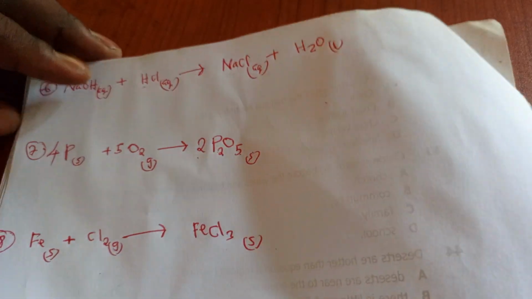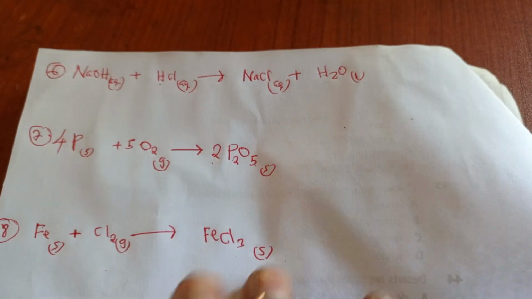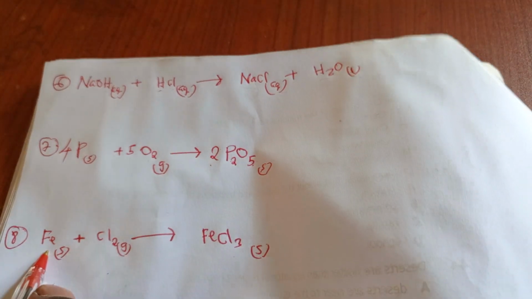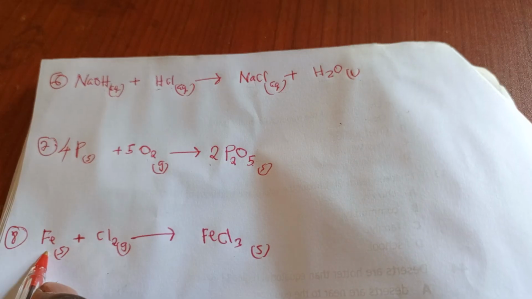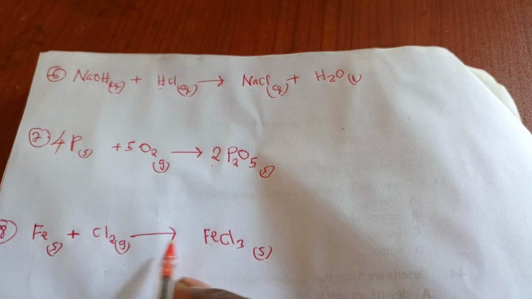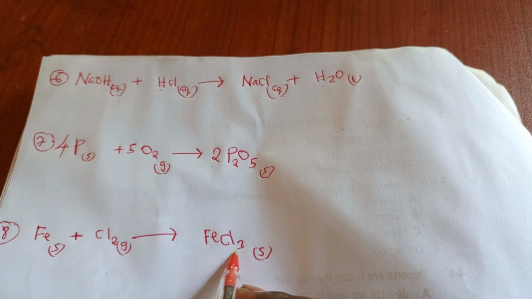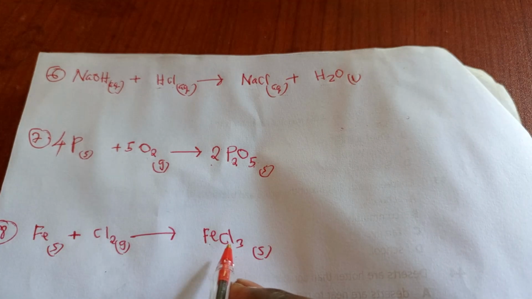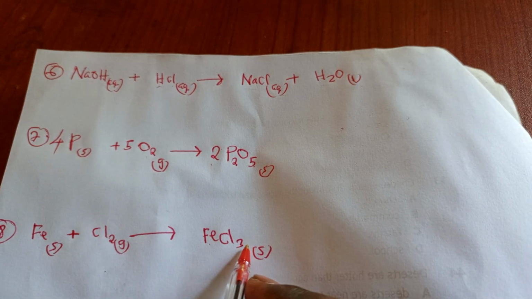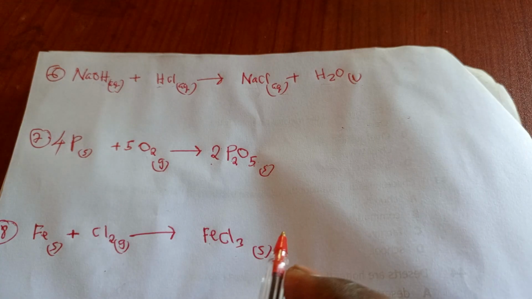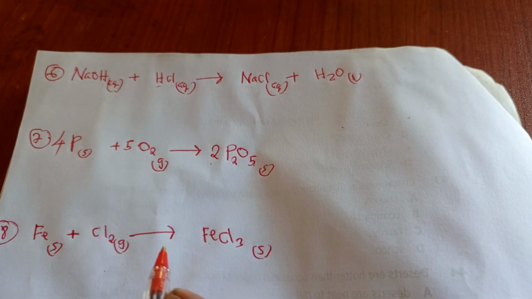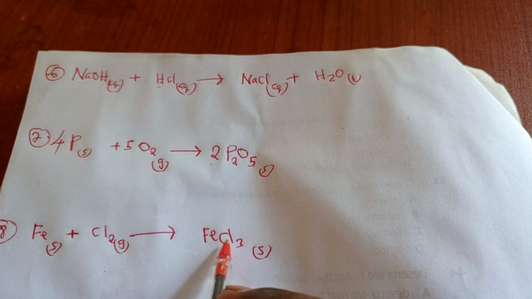Then I'll go to the last question, number 8. Iron here I have 1, iron here I have 1 as well. Chlorine here I have 2, chlorine here I have 3. I said that numbers like 3, 5, 7, 9 are hard to balance, so better we try to come up with 2, 4, 6, 8.